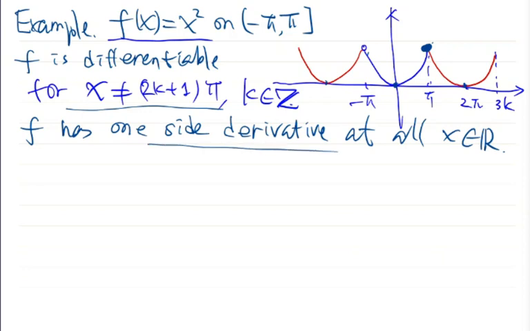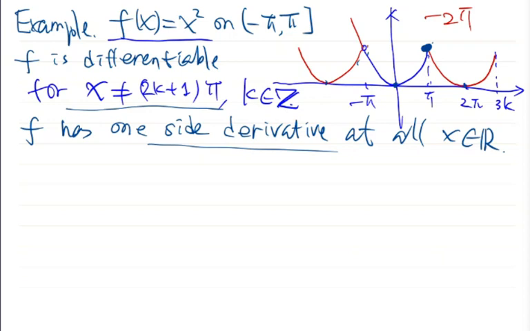For those points where f is not differentiable, that is all the odd multiples of pi, for example, minus pi and pi, 3 pi, 5 pi, f is not differentiable, but it has one-sided derivative. It is easy to see. It has one-sided derivative. For example, at minus pi, the right derivative at minus pi is minus 2 pi.